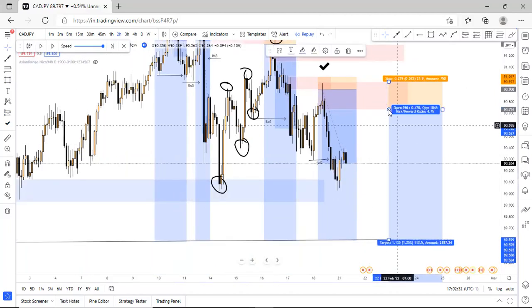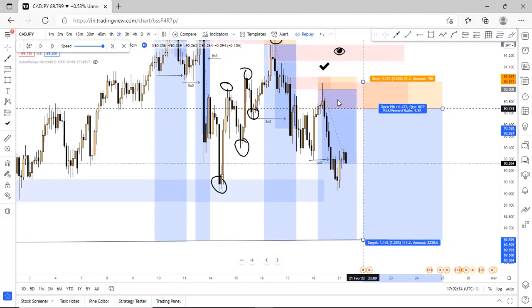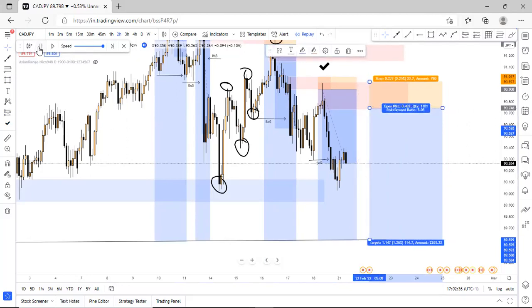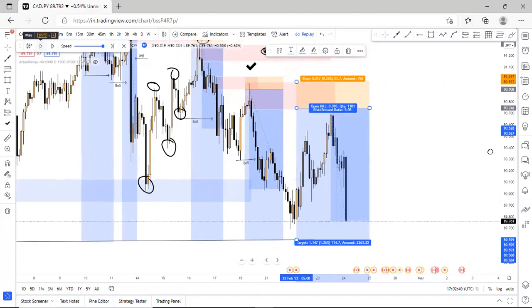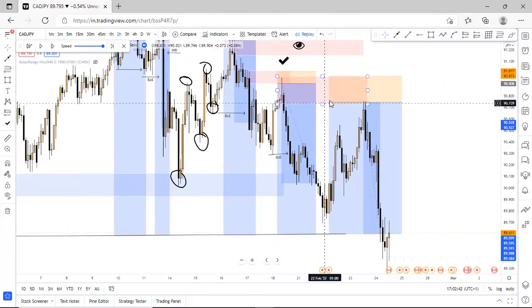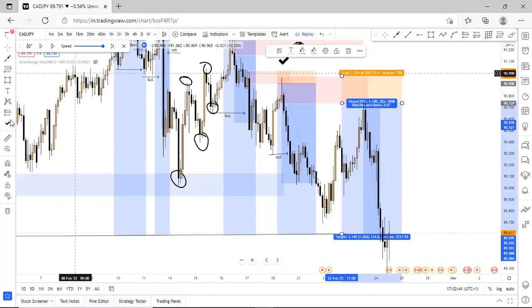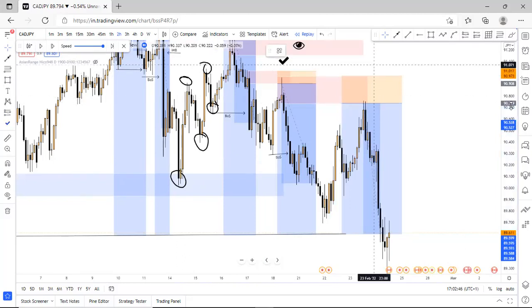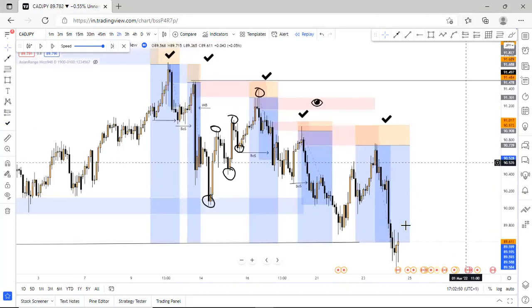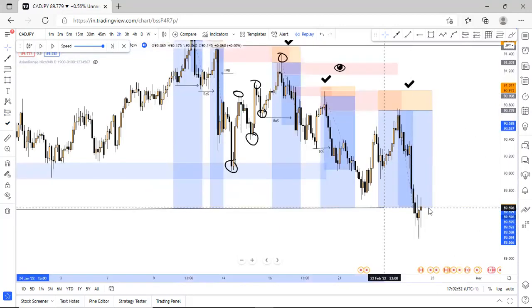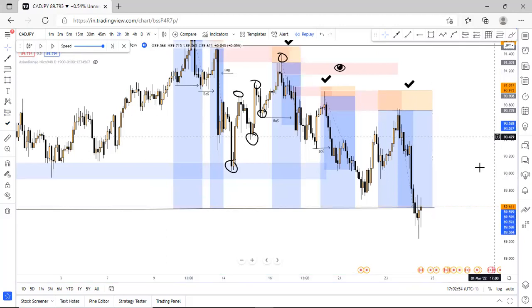So let's play the markets. Let's see if we have an entry. Yes, we were tapped in again, giving us our fifth entry on CADJPY. Okay, and our overall take profit was hit.